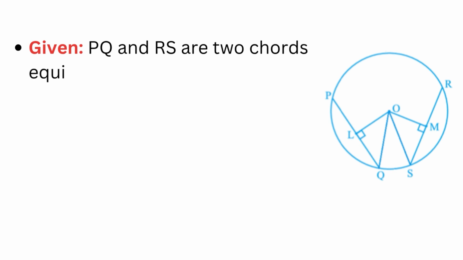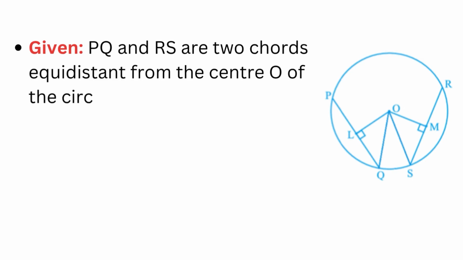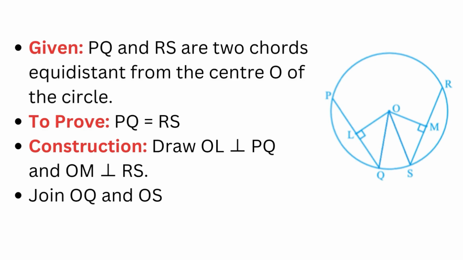Observe carefully, PQ and RS are two chords equidistant from the center O of the circle. What to prove then? PQ equal to RS. So, what to do? Under construction, draw OL perpendicular to PQ and OM perpendicular to RS. Finally, join OQ and OS. Clear? Now, come to the proof part of the theorem.